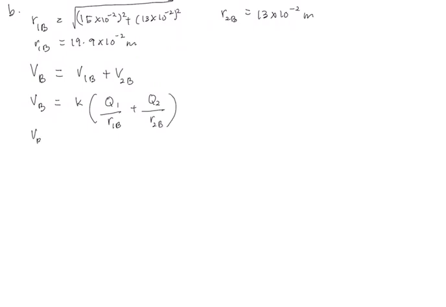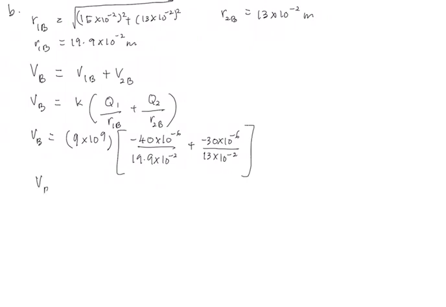So substitute value, which is 9 times 10 power of 9, and then you have negative 40 times 10 power of negative 6 for Q1 over R1B 19.9 times 10 power of negative 2, plus negative 30 times 10 power of negative 6 divided by 13 times 10 power of negative 2. So your VB you will get negative 3.89 times 10 power of 6 volt.